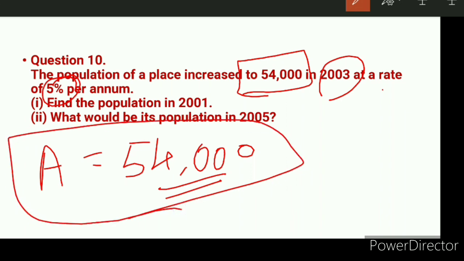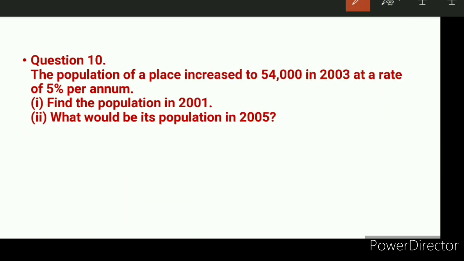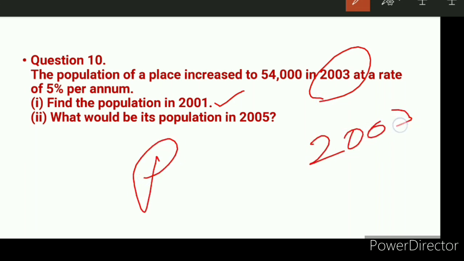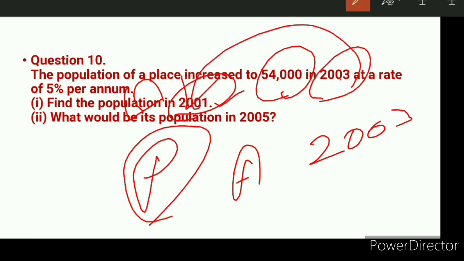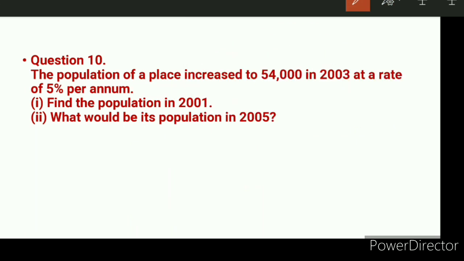The first part of the question asks to find the population in 2001, which means they are asking the principal. In 2003 they have given the population, which means it is the amount. If they ask for 2001 population, that is previous, the past, you should find the principal using this amount. Got it, children?